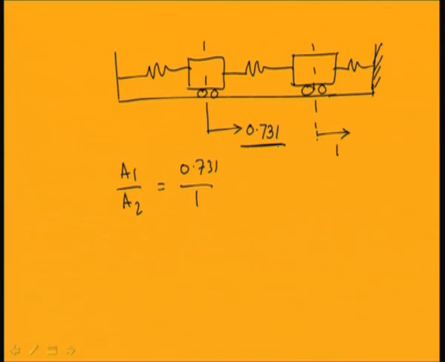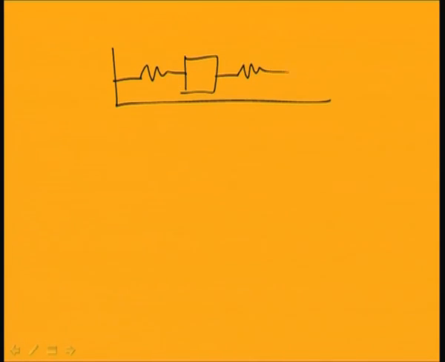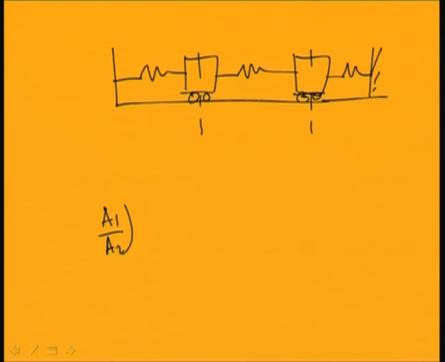Similarly, in the second case, you can draw it like this. You have these two masses, and this is x1, this is x2. You have seen A1 by A2 equal to minus 2.73 by 1.